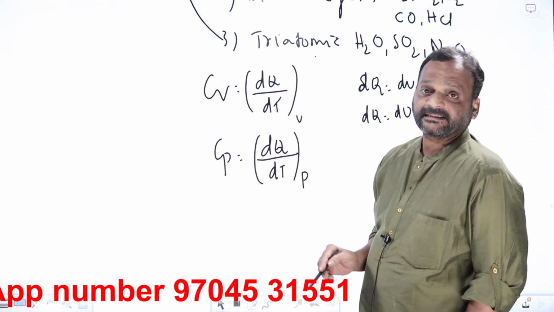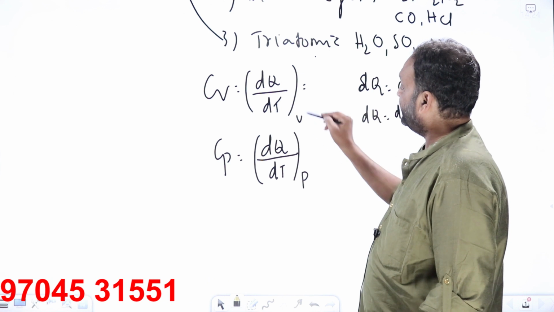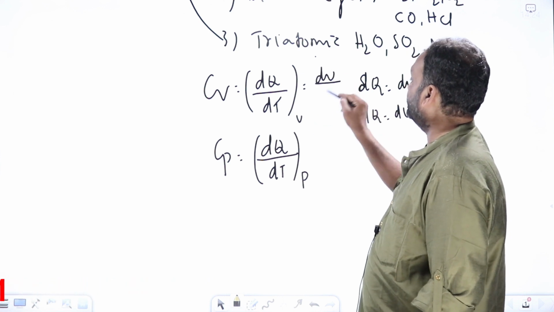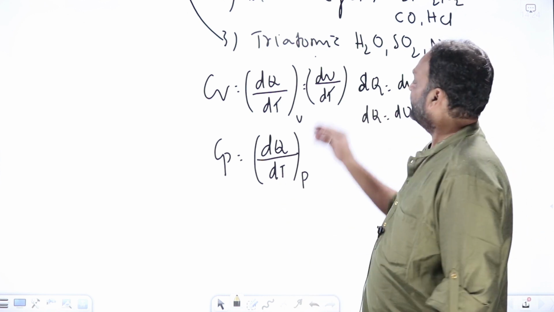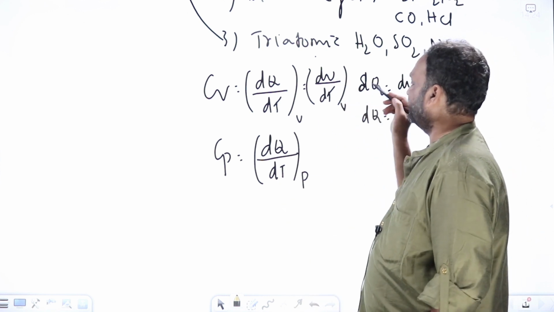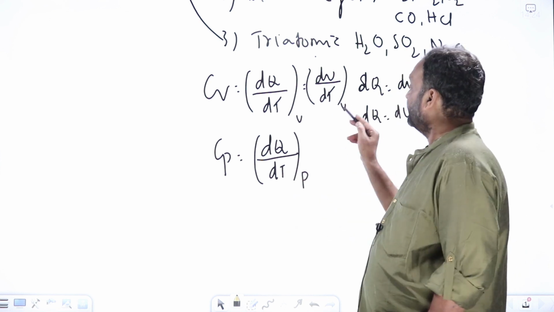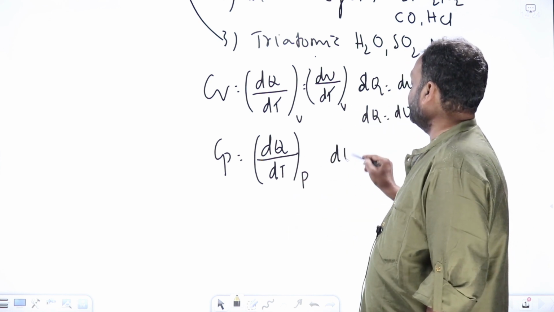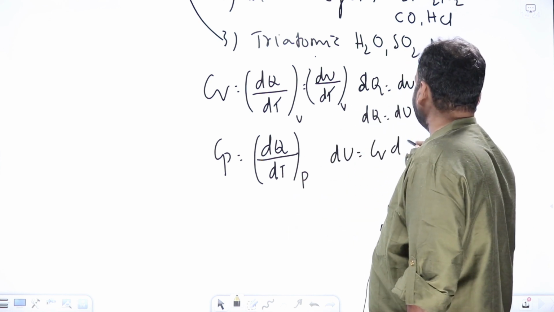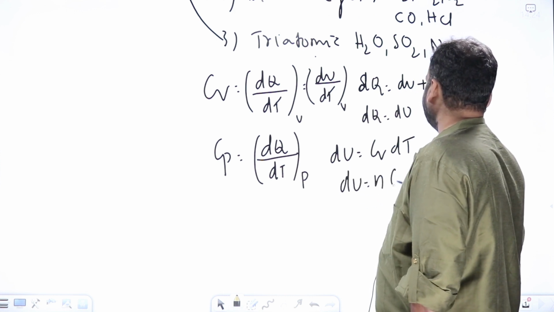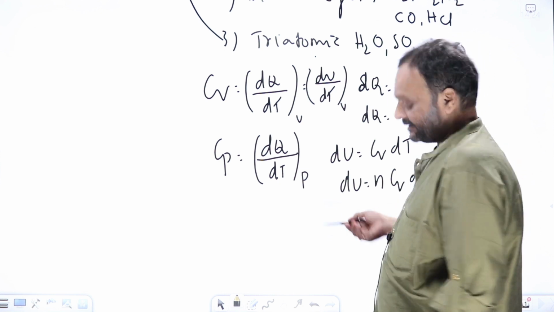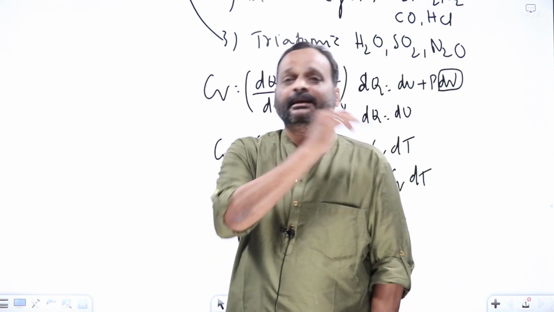So for Cv, we can write dq by dT at constant volume or dU by dT at constant volume. We can write dU as Cv dT for 1 mole, or for n moles dU equals n Cv dT. These are the things we already covered in our last video.